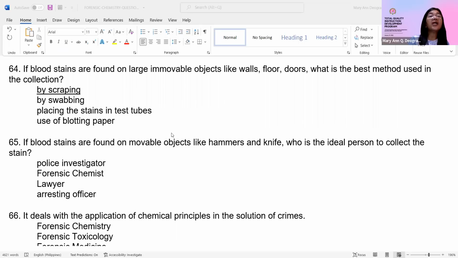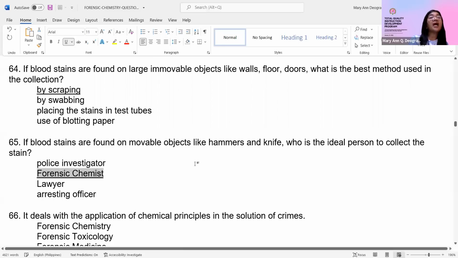So, it's no longer the work of the police investigator to collect the blood stain. It's the work of the forensic chemist. Ang dami nalito dito. Ang mangongolekta sa hammer, si police investigator. Pero yung stain na nandun sa hammer, si forensic chemist.